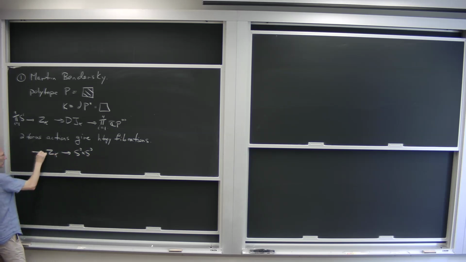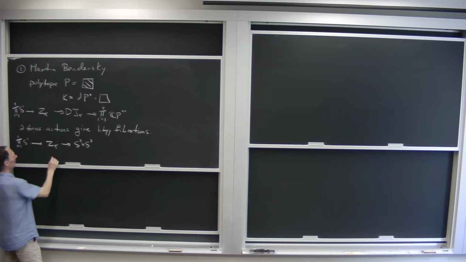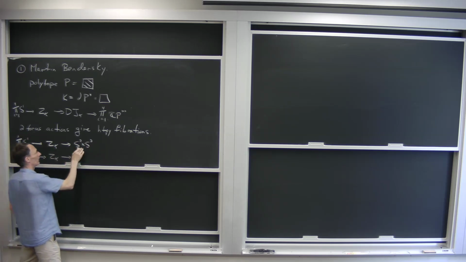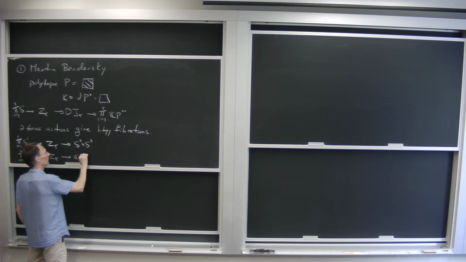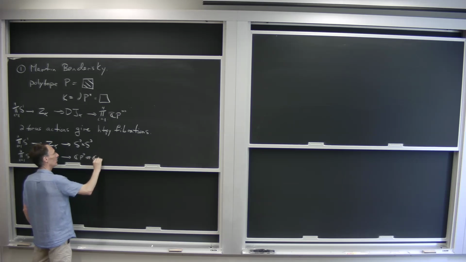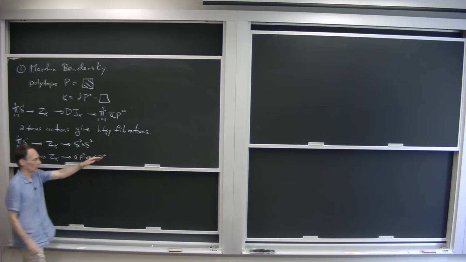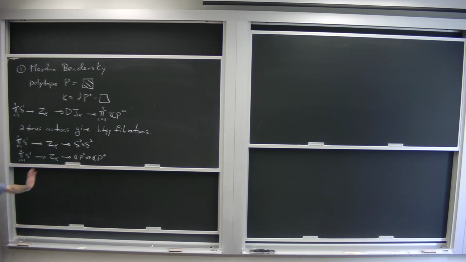So you quotient out to get an S2 cross S2, and you still have two tori left over. And you can take another quotient with 2 tori left over, but this time instead of S2 cross S2, you get something that looks like CP2 connect sum CP2, and there might be an orientation reversal, but I'm going to slosh over that.